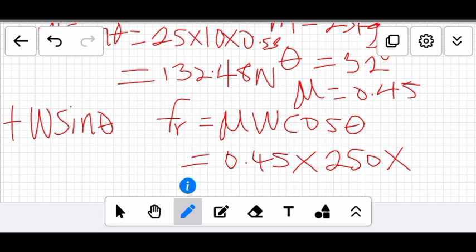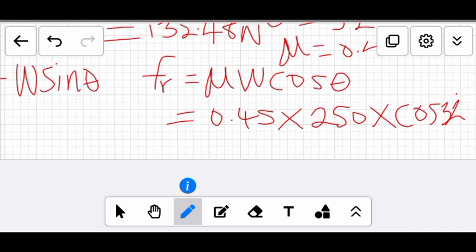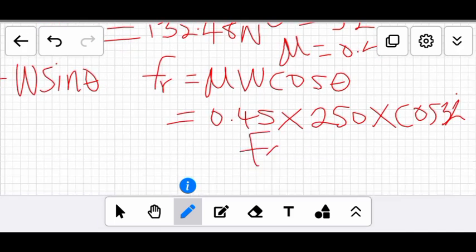Putting all this together, the frictional force Fr is equal to 95.41 Newton.